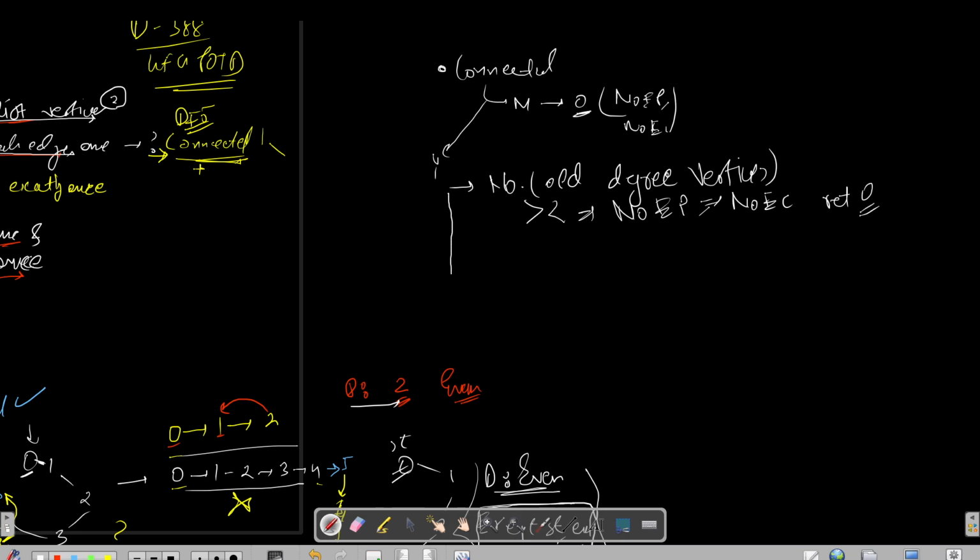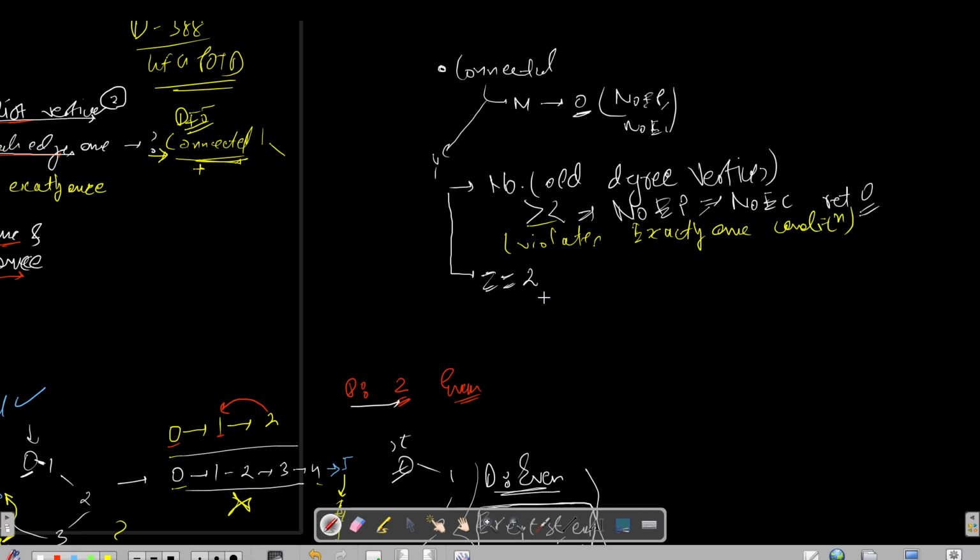Now, this yes case has another case, when it is exactly equal to 2. I'm writing the checking operator, not the assignment operator. The reason here is that for greater than 2, it will violate the exactly once condition given in the question.